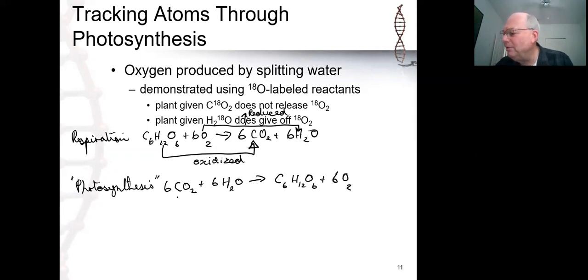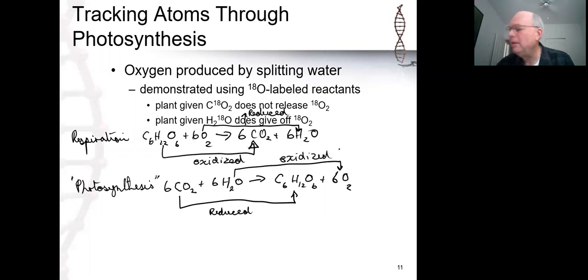And you probably learnt that the carbon dioxide was reduced, if these terms were used, to glucose, and the water was oxidized to oxygen. And as far as that equation goes, it's chemically balanced, and it does indicate that cell respiration and photosynthesis are both redox reactions. Fair enough.